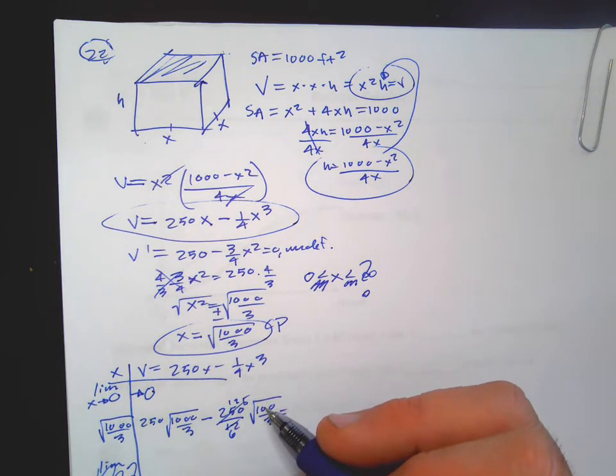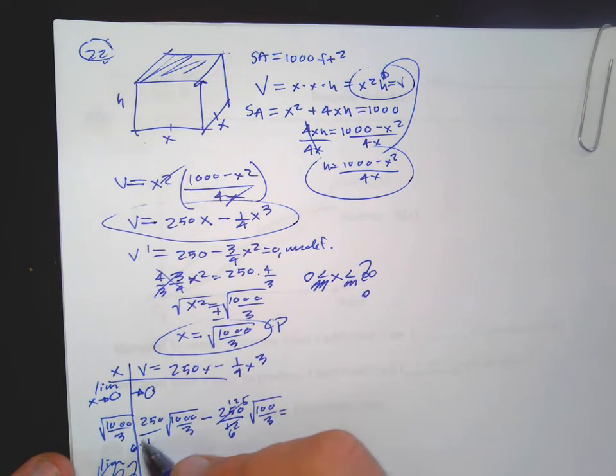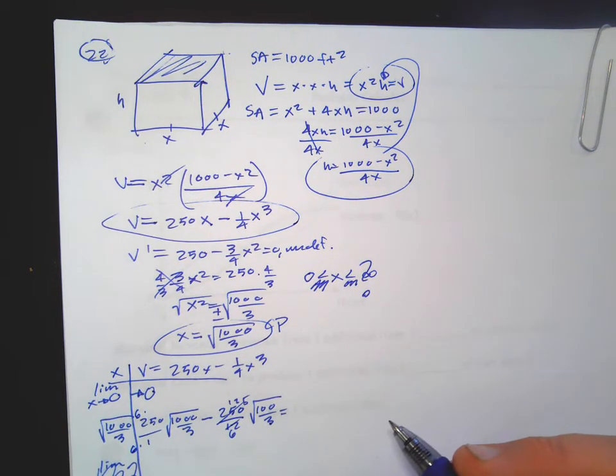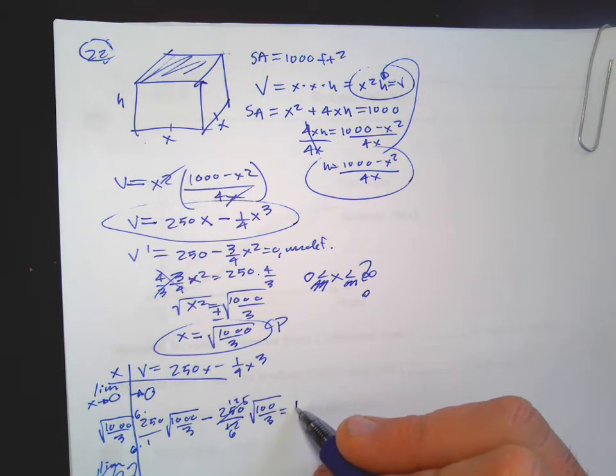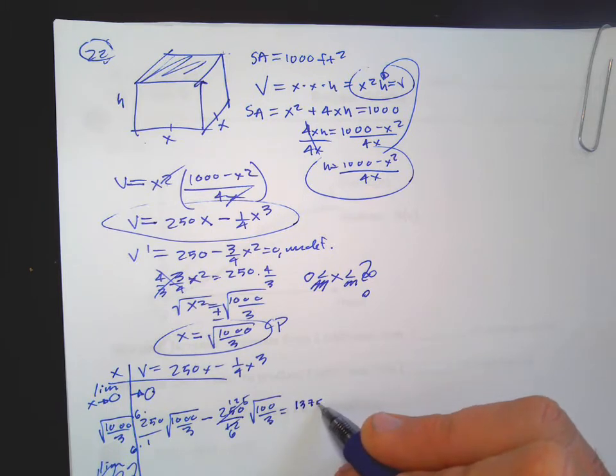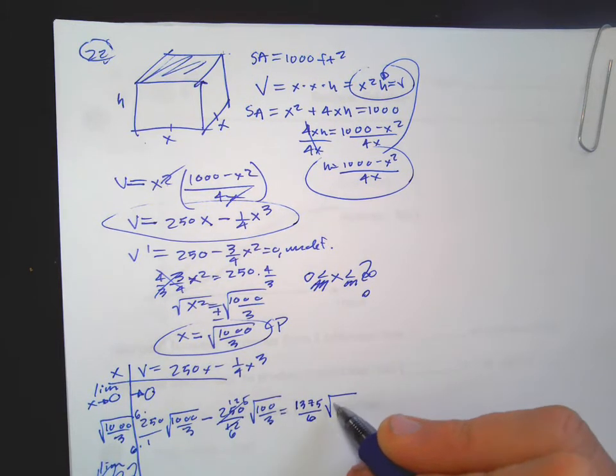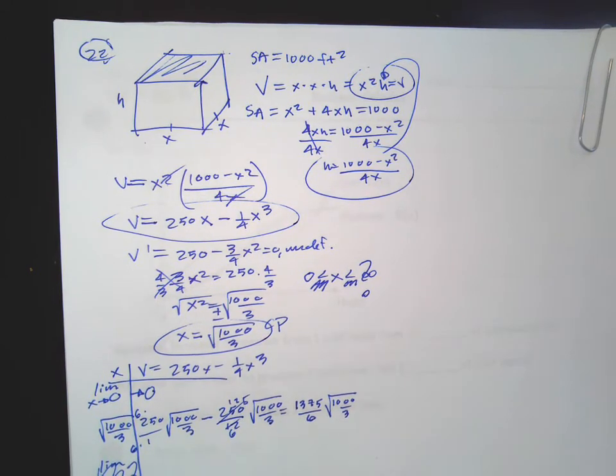That's as good as you're going to get. Give this a least common denominator, so that'd be 500, 1,500. So 1,375 over 6 square root of 1,000 thirds. Maybe that's the value.